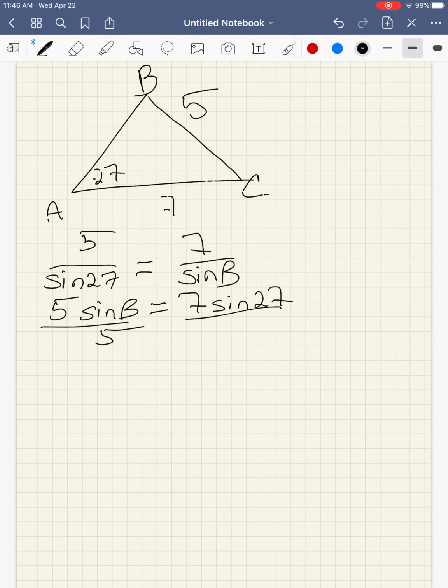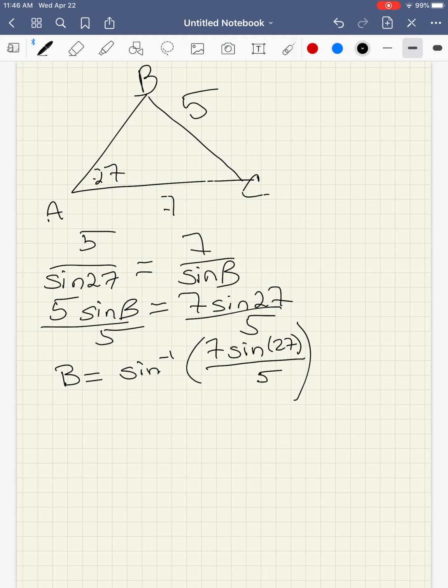Divide both sides by 5. And then B will be equal to the inverse sine of this. Make sure that you do put the parentheses that I'm showing you here, or you won't get the right answer.